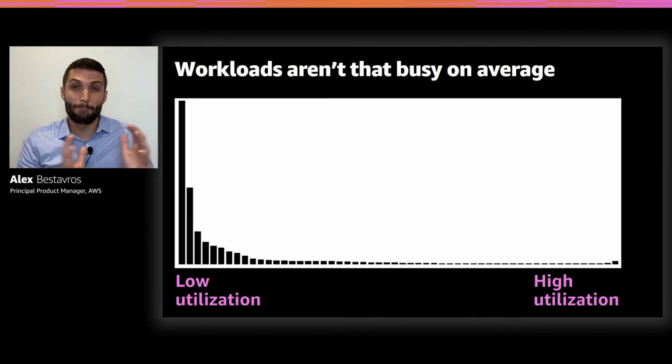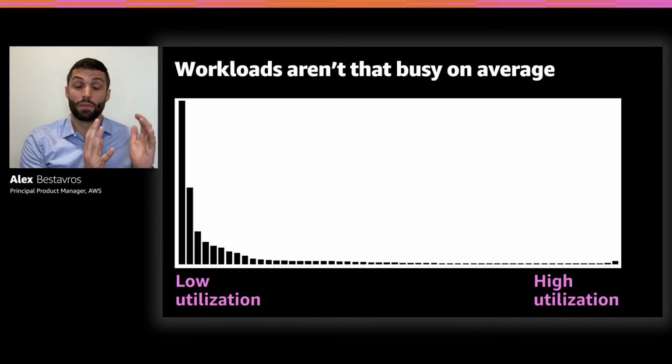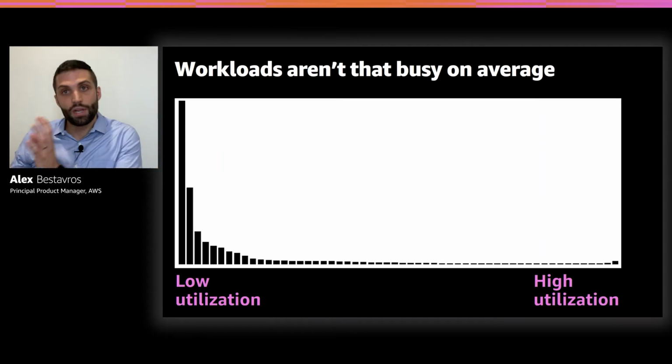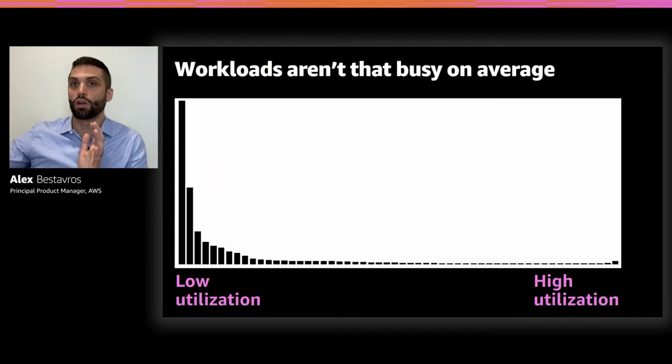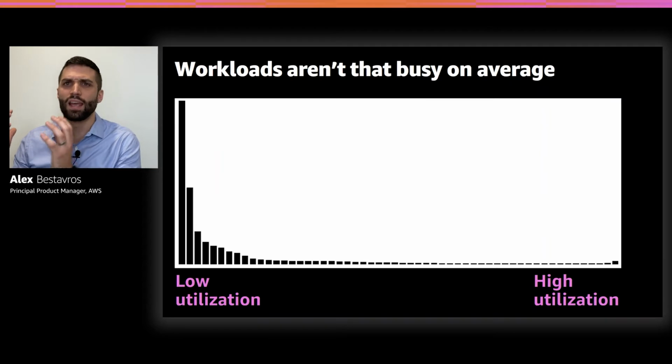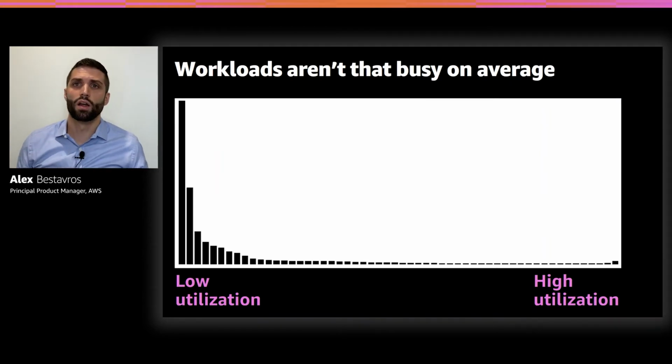What you see is that a massive amount, actually a large majority of instances are running very, very low utilization, close to idle, or very light workloads. And then there is going to be a set of workloads that fall along the spectrum and get to very high utilization that are very active. Think of HPC and these simulations that customers run. AI and ML are going to be very, very busy, right?